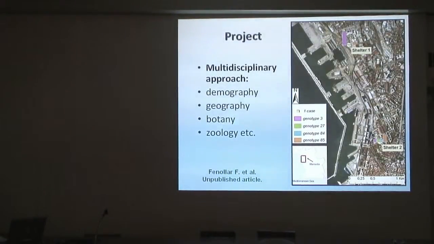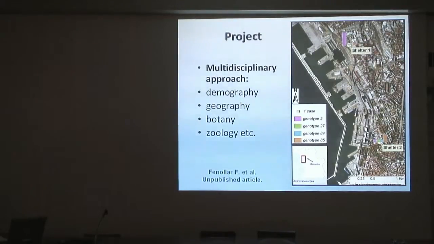My project will have multidisciplinary characteristics because it has to deal with demography, geography, botany, zoology, and so on. There is a map, I guess it's familiar to you, no?